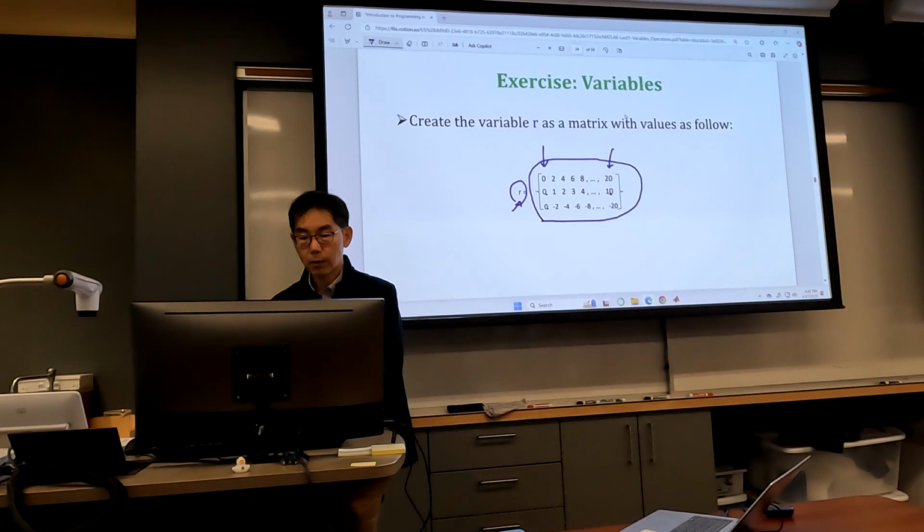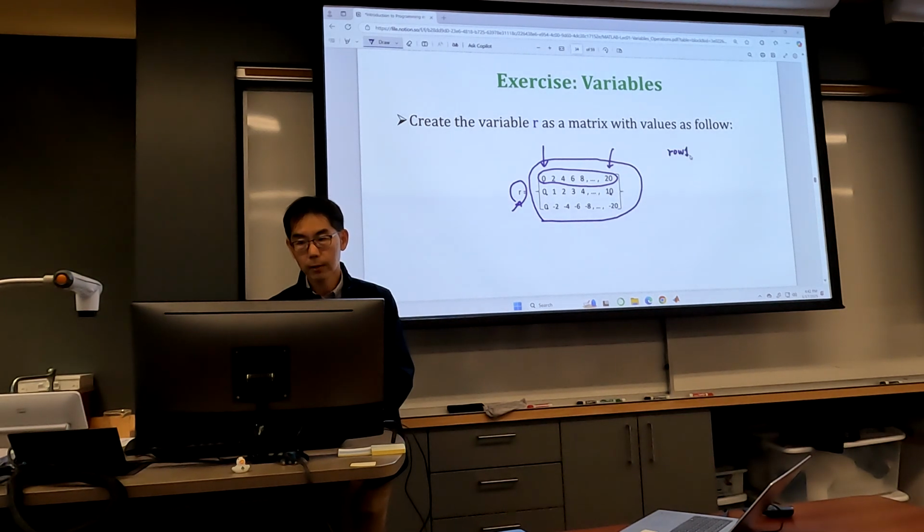How can you do that? Maybe you can break down your work. Think about how to make your first row. For example, row 1: how can you do that? Starting is 0, right? Your increment is 2 and the end is 20.